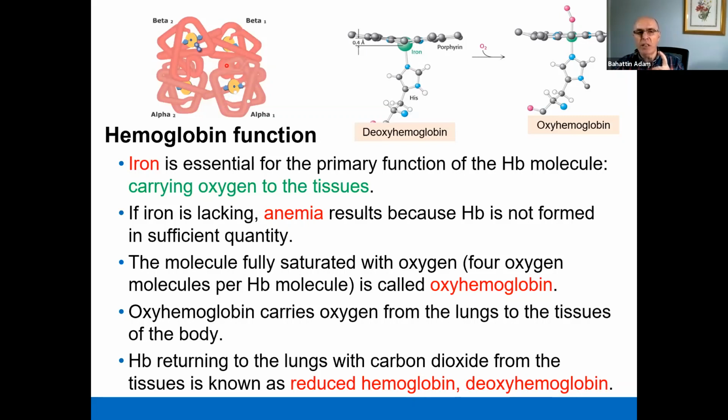If it's saturated with oxygen, it is oxyhemoglobin. Once it releases oxygen and binds carbon dioxide, CO2, it is now deoxyhemoglobin, hemoglobin without oxygen. Now you see the green ball, iron. It is a really important part of the hemoglobin.